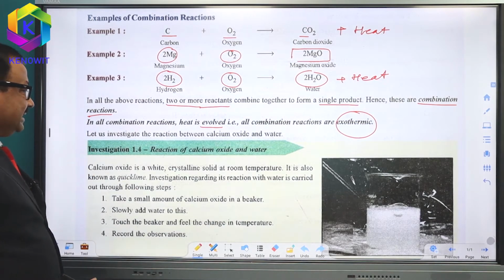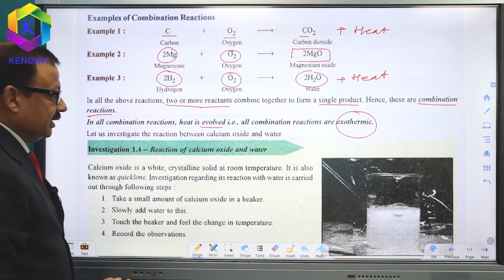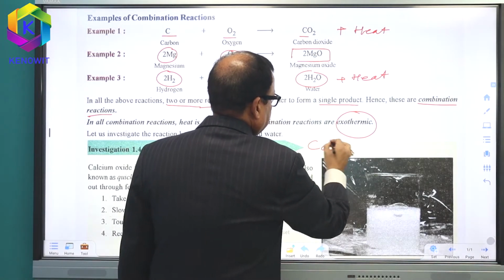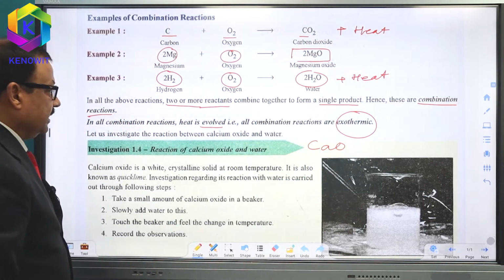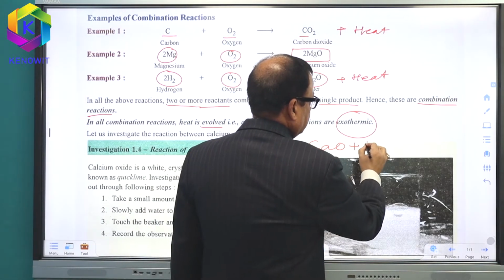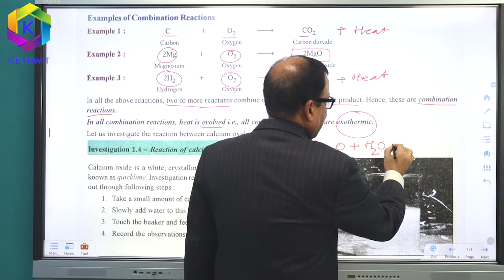One investigation: reaction of calcium oxide and water. We know that calcium oxide is CaO. Calcium oxide and water, H2O. What will happen?